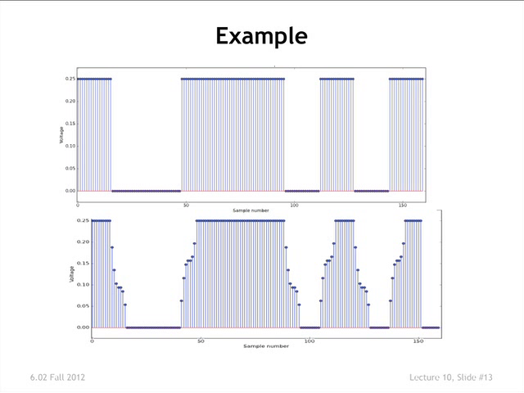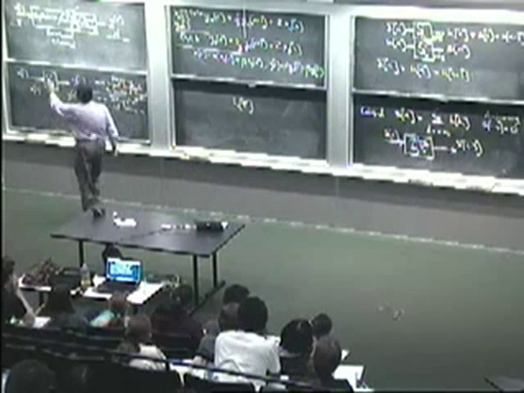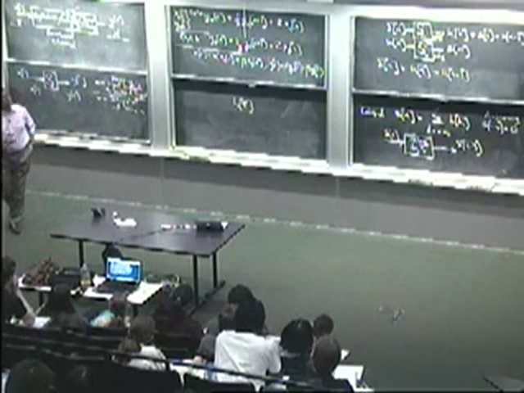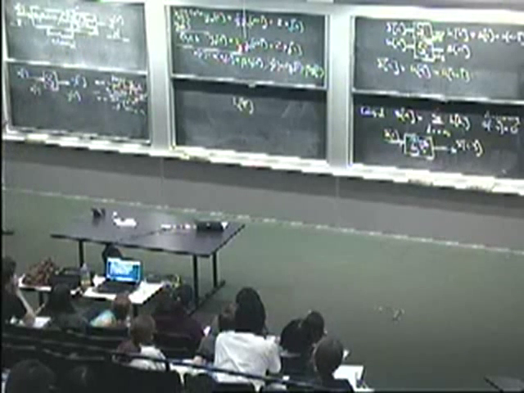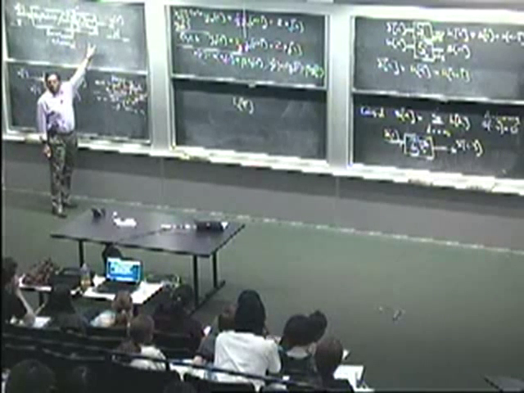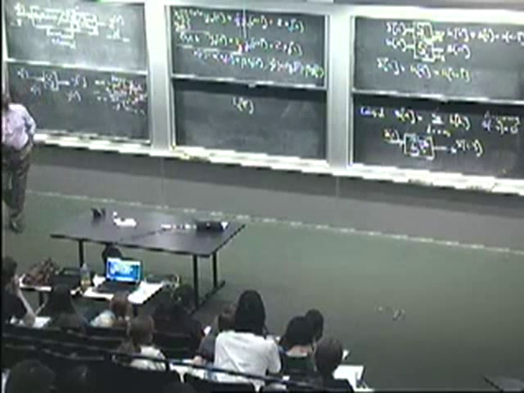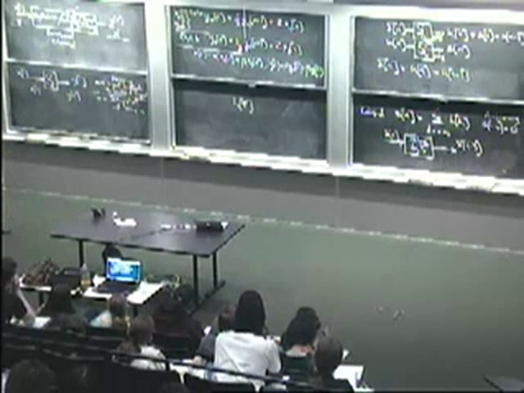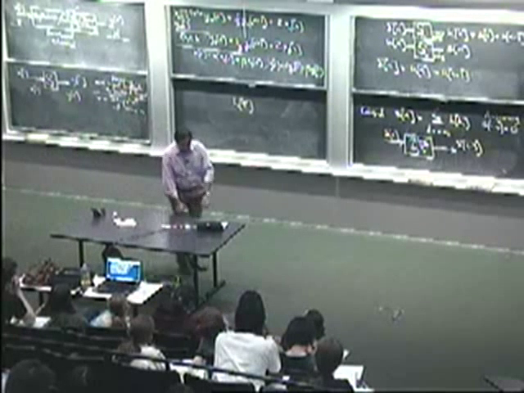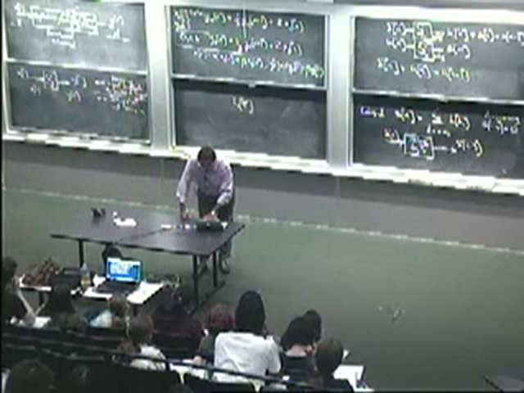It's got a little transient before it settles. So what you're looking at is really the step response of the channel, where the channel includes all these pieces. It's everything including the filtering. In this particular example that I did, if you go back and look at those slides, this was all entirely due to the local averaging that we were doing in the filtering here. But it does give you some kind of a distortion. Okay, so the step response is important to figuring out the shape of the output of a channel.